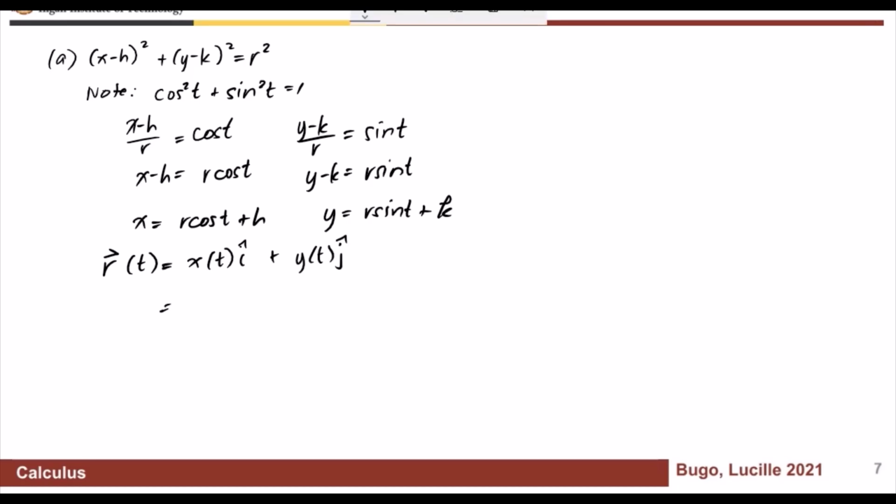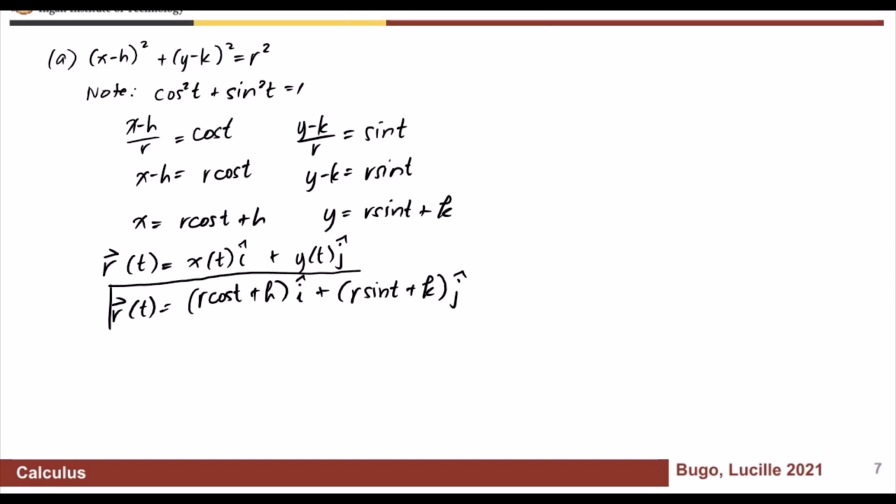Of course, x is a function of t using this equation, so we'll write (r cosine t plus h) i hat plus (r sine t plus k) j hat. So this is our vector valued function given the rectangular equation (x minus h) squared plus (y minus k) squared equals r squared.